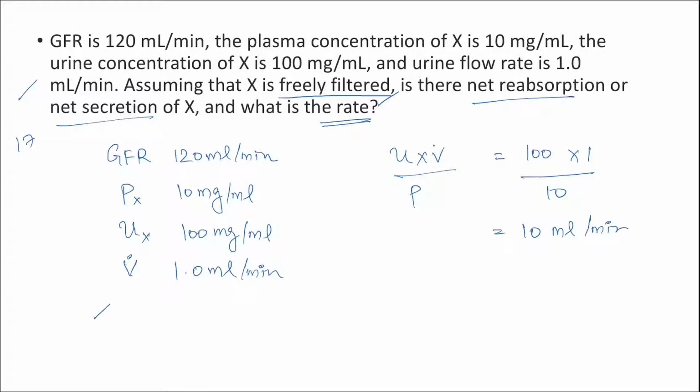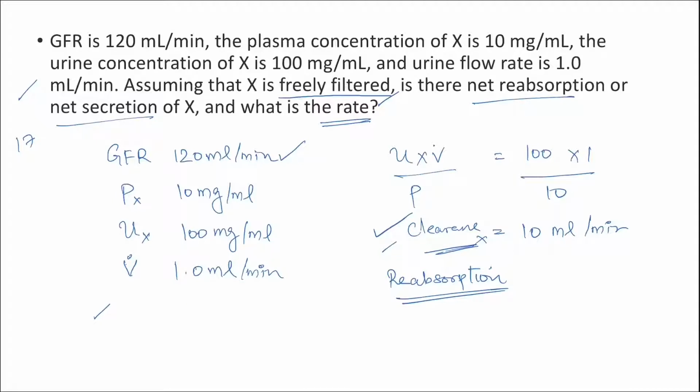That is the clearance, which is the volume of plasma that has been completely cleared of a particular substance. Here that is X, clearance of X. And you can see this is less than the GFR, and we know for any substance, if its clearance value is less than the GFR, we are sure net reabsorption happens.